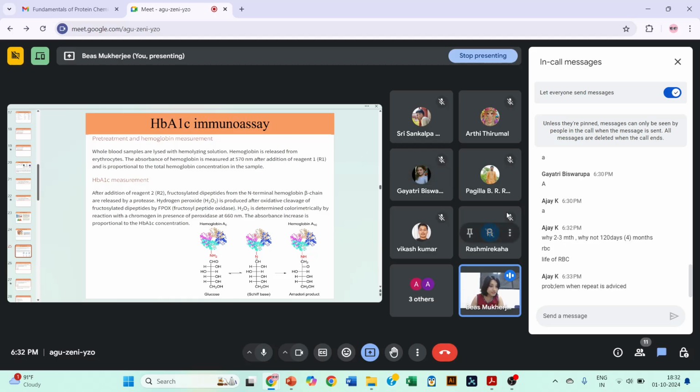Problem when repeat. Yes, what is it? Beta chain in RBC. Retest. I am not understanding.